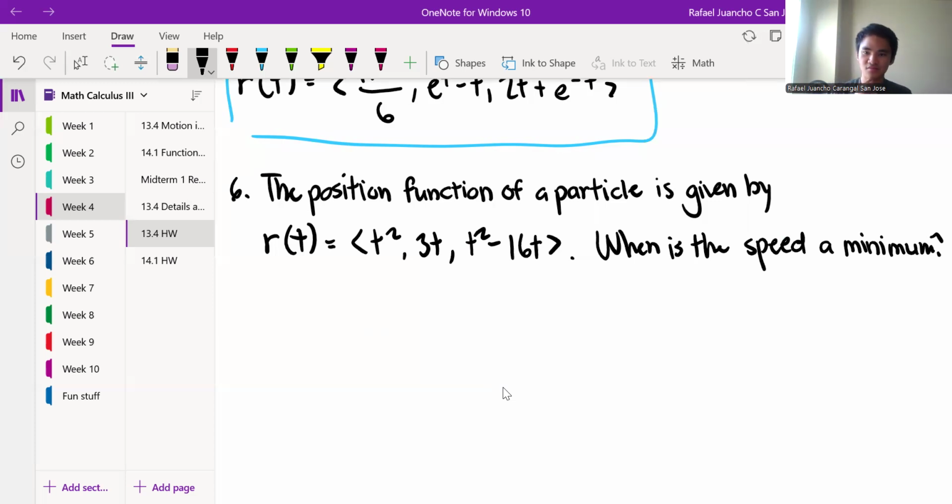So how do we find that? We can take the derivative. I guess we can find the speed function, but then how do we determine if it's a minimum, right? So when is it a minimum? Let me just quickly check how to do that. Okay, we take a derivative. We find our speed, which is a distance. Minimize the square of this.